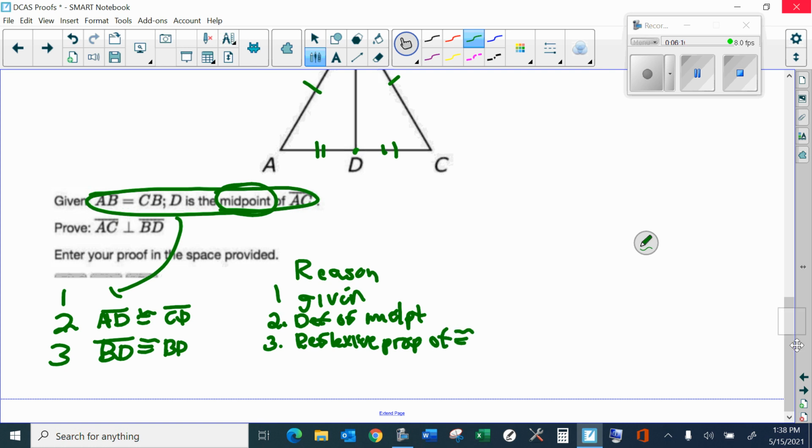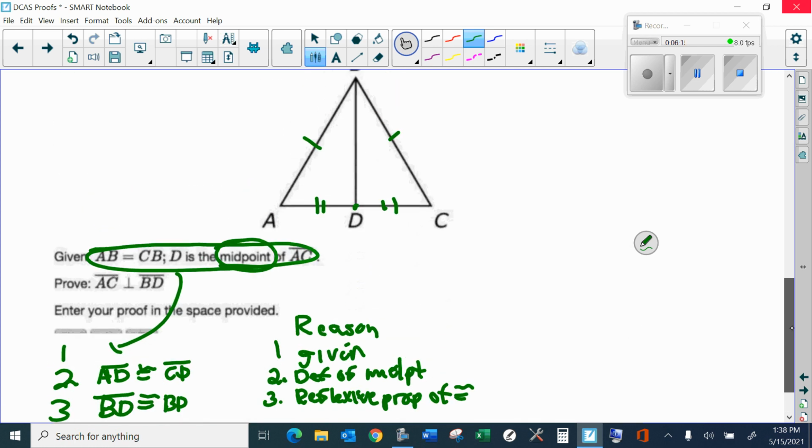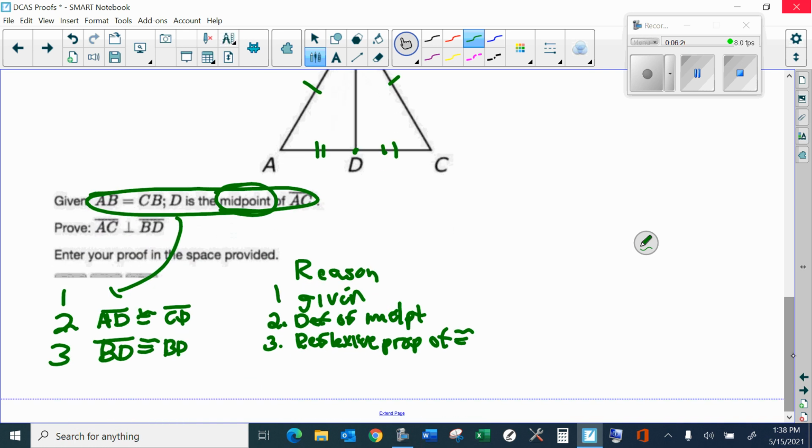Okay, so now, just so you know, they want to talk about lengths here. You can say segment AD is congruent to segment, let's make it as segments as opposed to just the length, CB. You can say equal lengths are congruent.